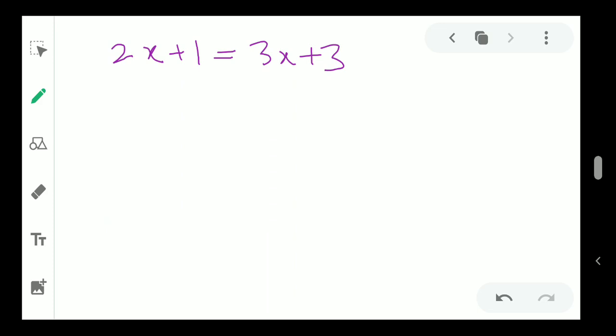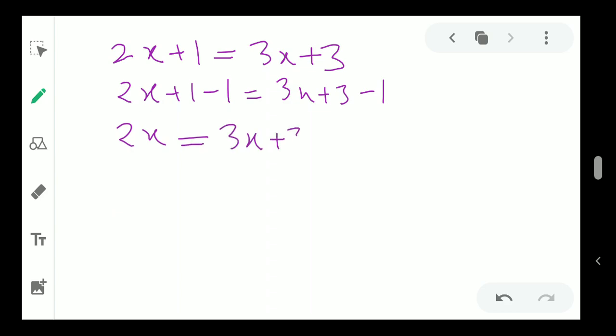When this plus 1 is going into that side, it is becoming minus 1. Actually what we were doing, plus 1 minus 1 equal to 3x plus 3 minus 1, and then we are getting 2x plus 0 equal to 3x plus 3 minus 1, right? I'm not solving this part.